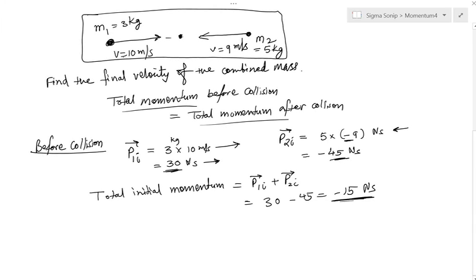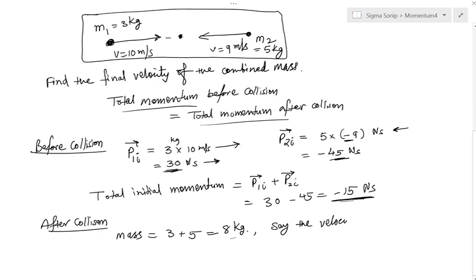And after collision, my mass is the combined mass now, which is 3 plus 5, equal to 8 kilograms. I need to find the velocity of this mass, so I call the velocity of the combined mass v.